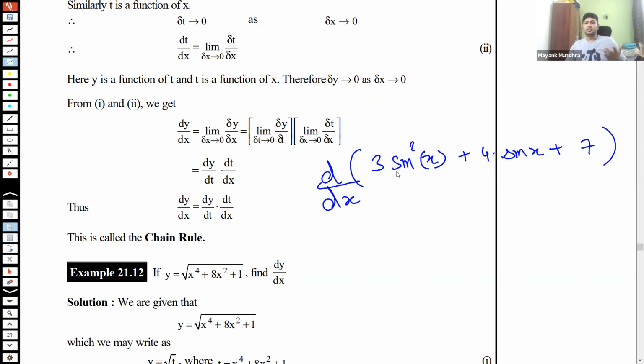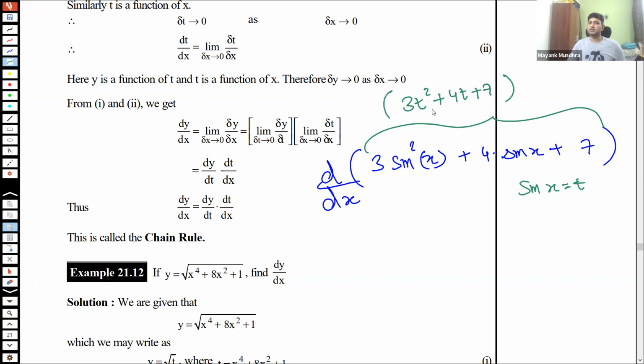Notice that this is a function in sine x. Suppose I make a substitution sine x equals t, then this function basically becomes 3 times t square plus 4t plus 7. This is a function, let's say g of t.